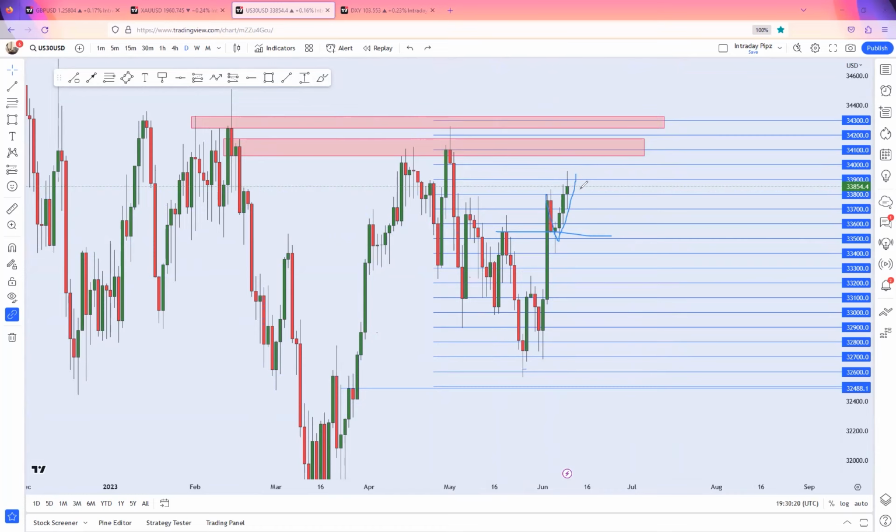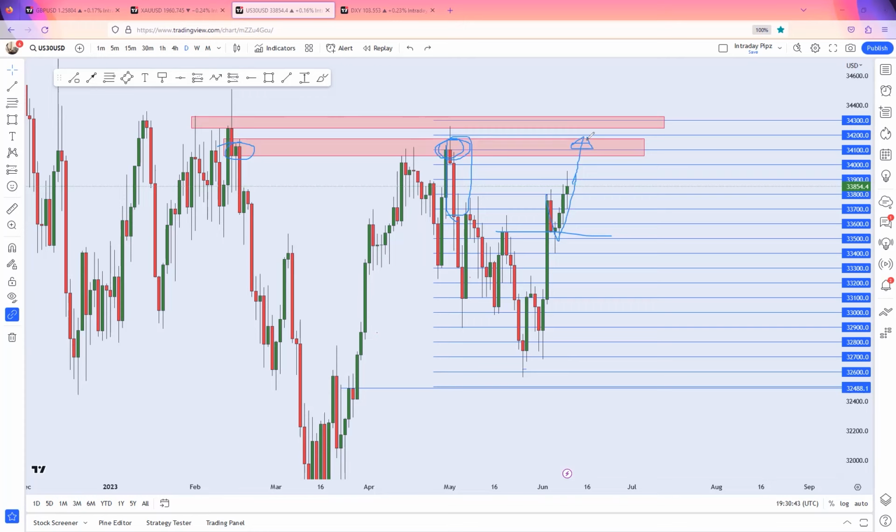So basically, I'm expecting this range to be filled because we still have a range to the left-hand side to be filled. So I'm expecting price to continue bullish into this zone, and of course, that is a supply area, which price did respect in previous times.